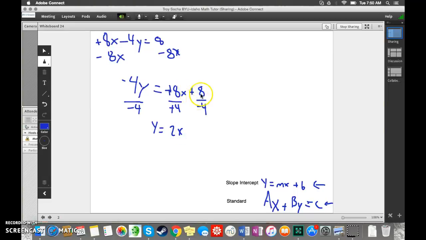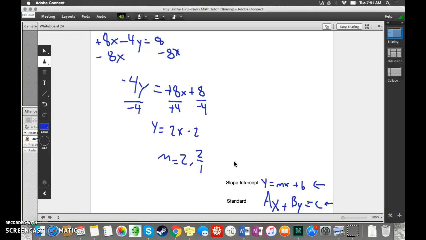And then here, 4 goes into 8 2 times, but it's negative, so minus 2. So we get y equals 2x minus 2. M in this case is 2, or 2 over 1. They're the same thing, so it's not that big of a concern which one you use.